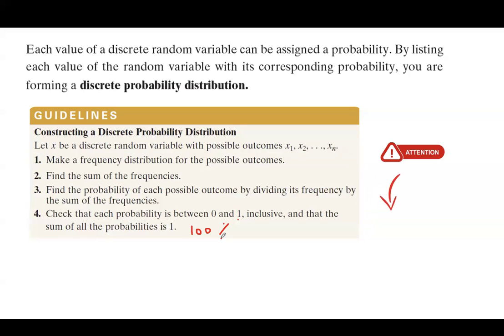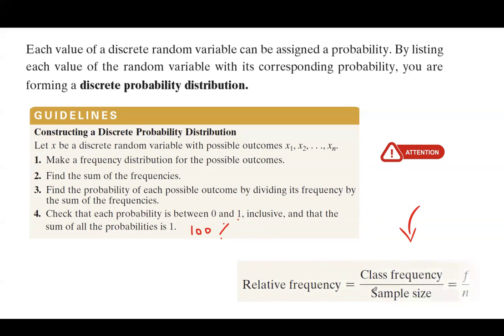Attention, please. In building the probability, we are basically finding the relative frequency, which is the frequency of each value divided by the sample size, or F over N. So we are using the exact same formula that we used before in constructing a frequency table. Nothing new.